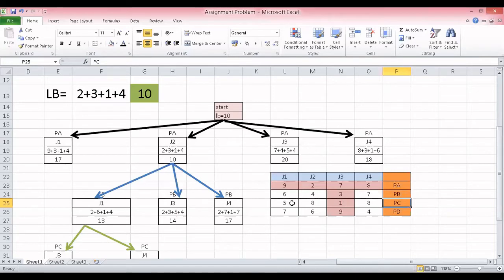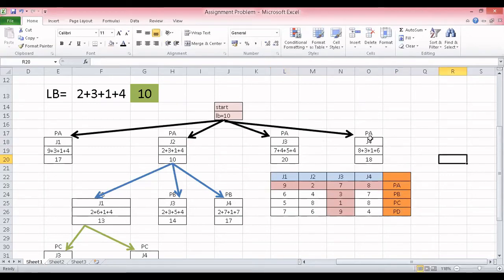So next, what is the minimum? Out of 8 and 5, the minimum is 5. So I take 5. Coming to person D, I will take the minimum cost 4 because person D is demanding job 4 at the minimum cost. No problem, job 3 is not intersecting with person D. So I take the answer as 4. The total value I got is 20.